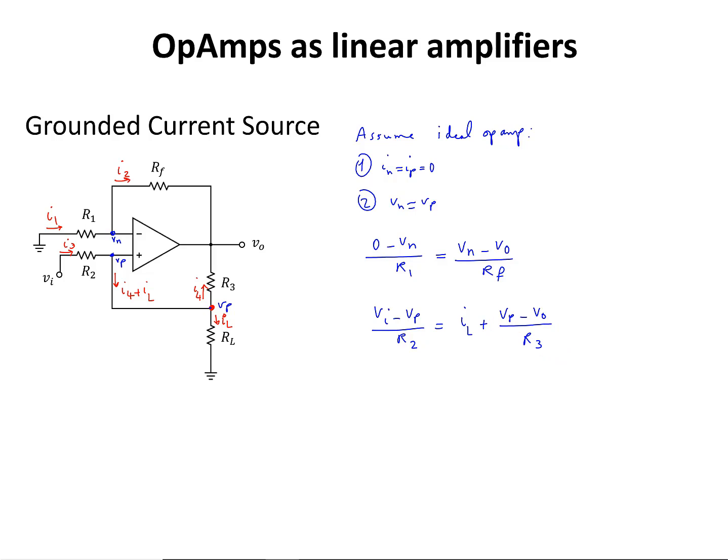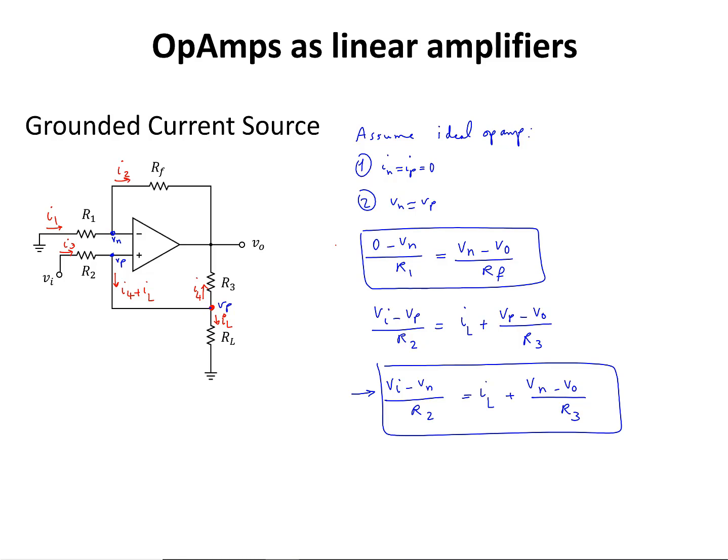Now I'm going to write this second equation by replacing Vp with Vn: Vi minus Vn divided by R2 is going to be equal to IL plus Vn minus Vout divided by R3. Okay, so this is our equation 1, and this is equation 2.